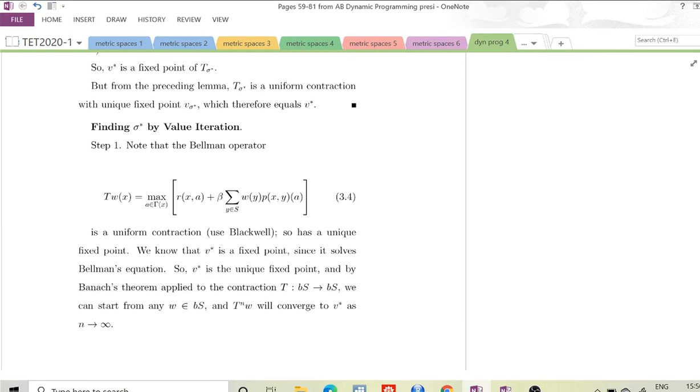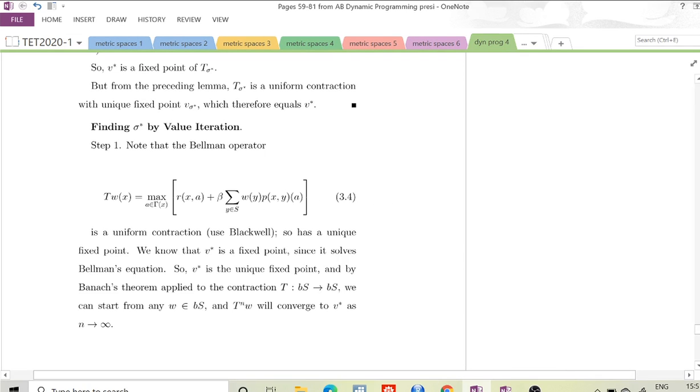So then, using this theory, one way to numerically compute the optimal policy sigma star is this.